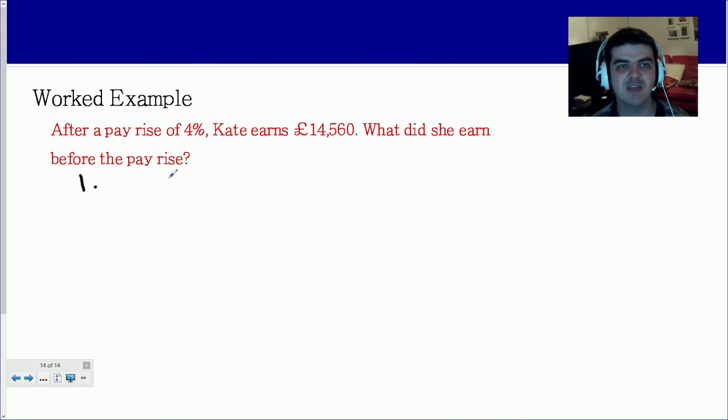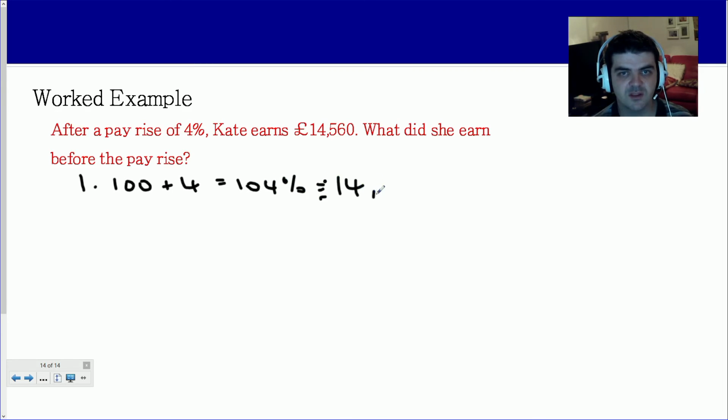So if she gets a pay rise of 4%, then her new percentage, what the 14,560 represents, is 100 plus 4, which is 104%. So 104% is equivalent to the 14,560.